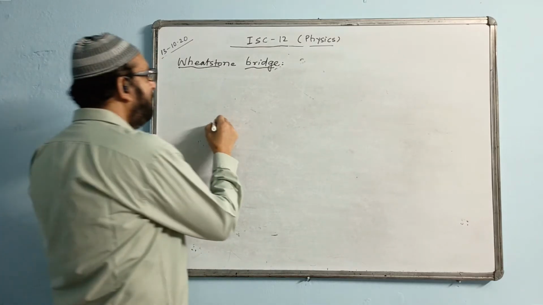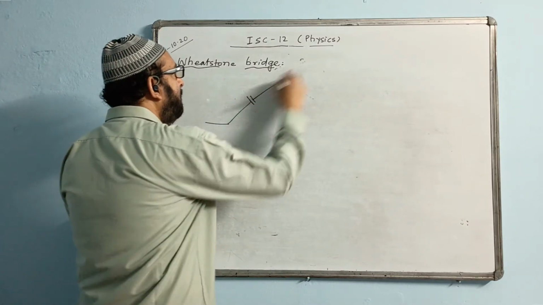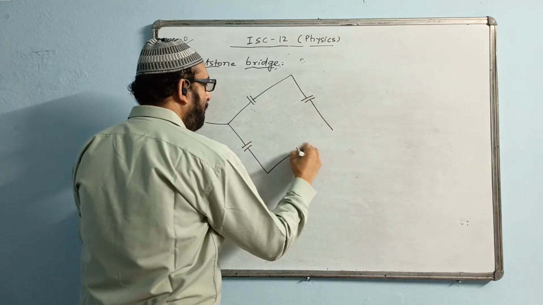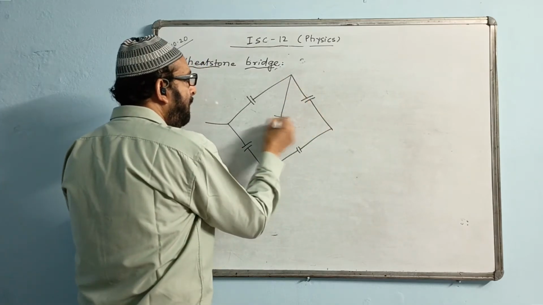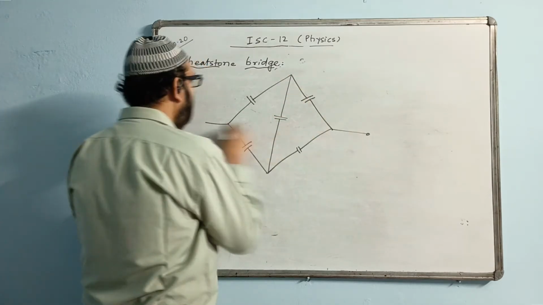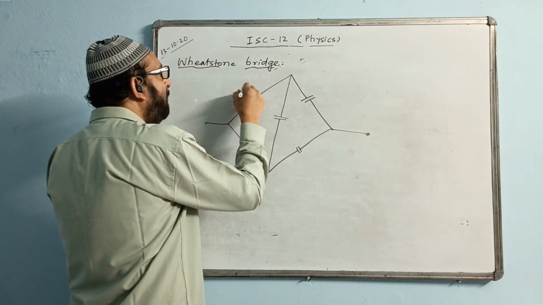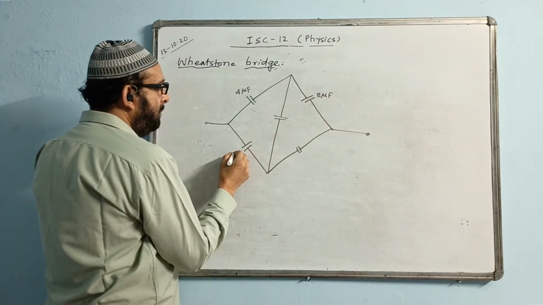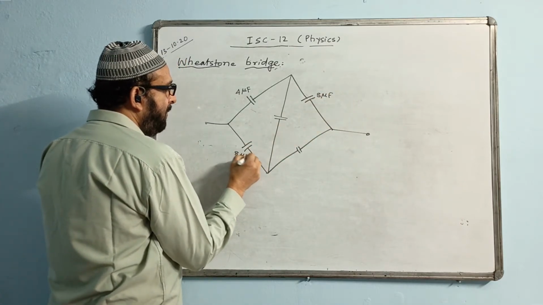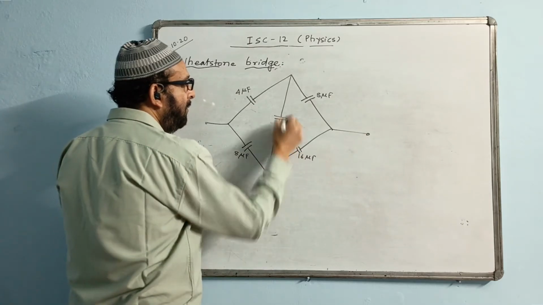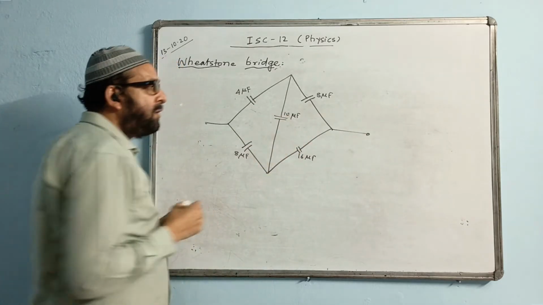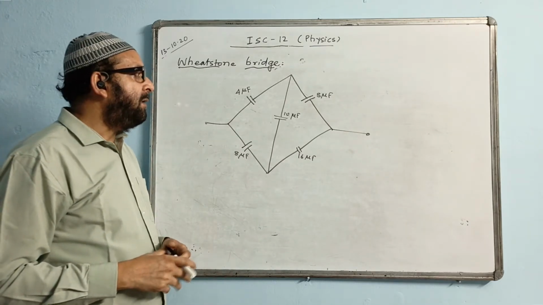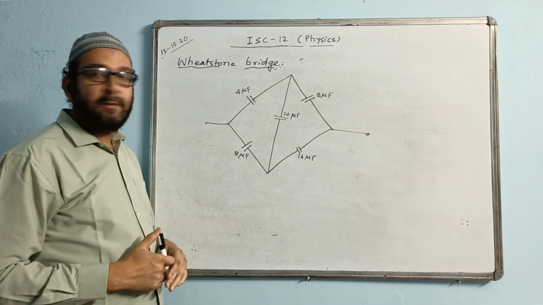Suppose the capacitor circuit is given like this, and here they are writing 4 microfarad, this is 8 microfarad, this is 8 microfarad, and this is 16 microfarad, and here 10 microfarad is given. The question is asking to find the equivalent capacitance of this circuit, the total capacitance. This is also a Wheatstone bridge but with a capacitor circuit.